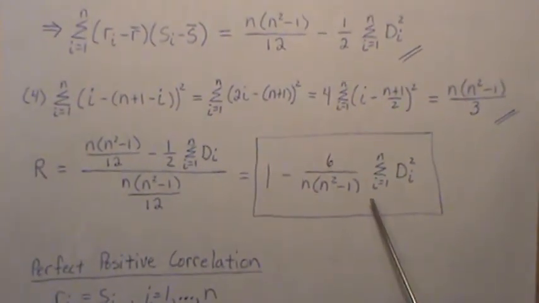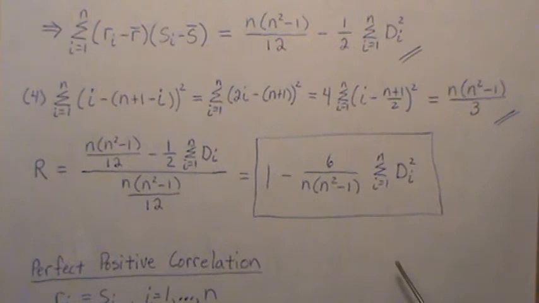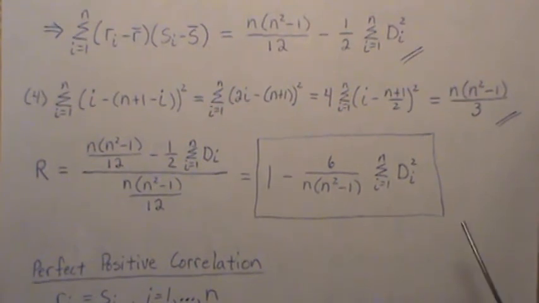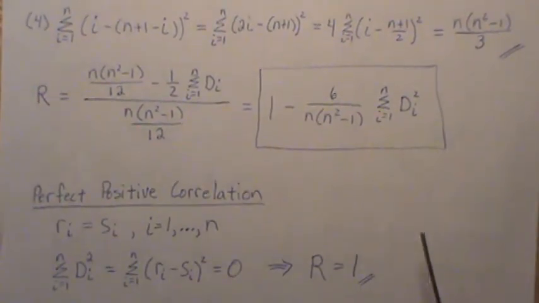Now, let's see if this behaves like Pearson's correlation. Pearson's, if it's a value of 1, we have an exact linear relationship with a positive slope. If it's negative 1, Pearson's correlation, we have an exact linear relationship with a negative slope. Let's see if Spearman's correlation, which is this, behaves similarly. So let's assume there's sort of perfect positive rank correlation.